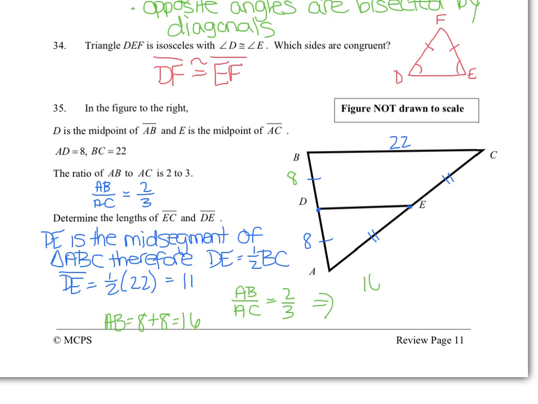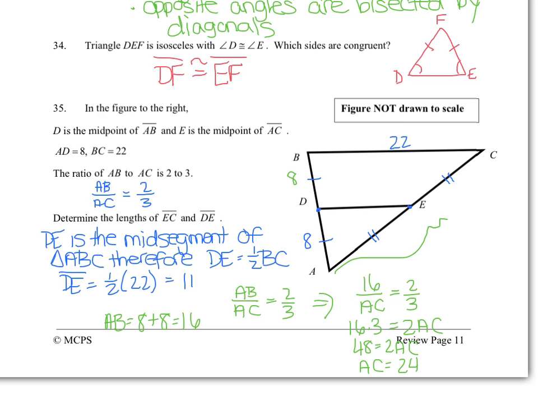So what we have is 16 over AC equals 2 over 3. Well, we can cross multiply and do 16 times 3 equals 2 times AC. 16 times 3 is 48 equals 2 AC. Divide both sides by 2 and AC is going to equal 24.